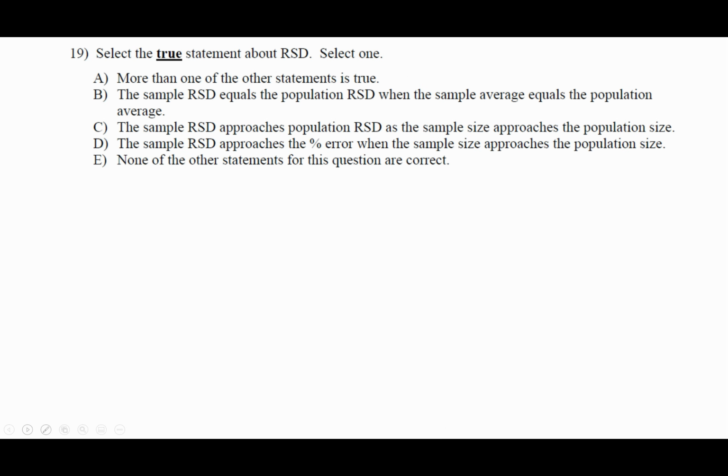So, select a true statement about RSD. More than one of the other statements is true. Well, let's look at the other statements first. The sample RSD equals the population RSD when the sample average equals the population average. This is going to be false, right? There's many times that the sample average has the ability to equal the population average.